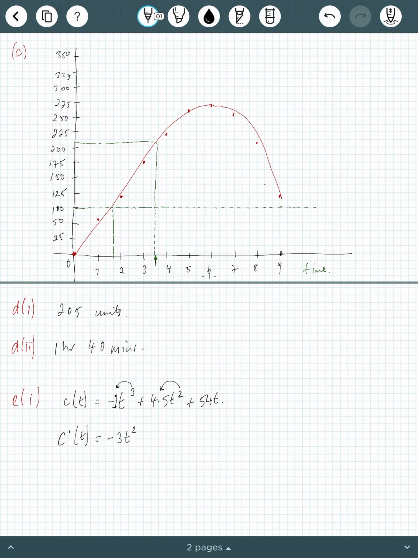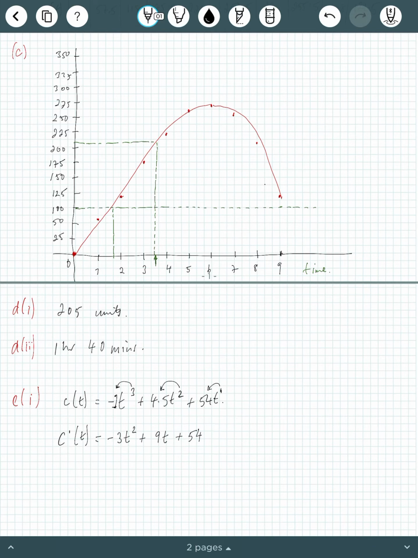Now we're going to go 2 by the 4.5, and 2 times 4.5 is 9. That's just t because you reduced the power by 1. So 2 minus 1 is 1. And again, the power there on top of that t is actually a 1. So 1 by 54 is 54.